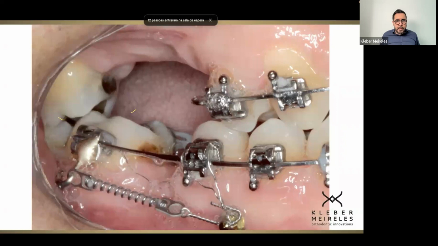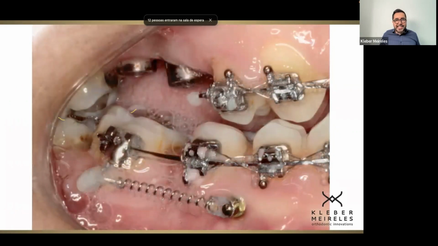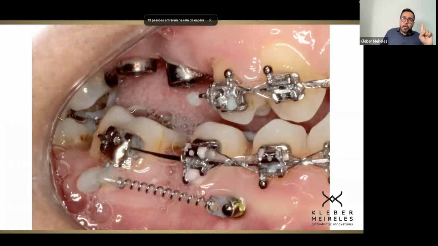Of course, it's not that easy because sometimes when you do a very high hook, in this case, this hook is welded to the molar. Before bonding the tube, I welded this hook to the molar. And then I'm doing the movement to close the space using one line of action of the force, okay?